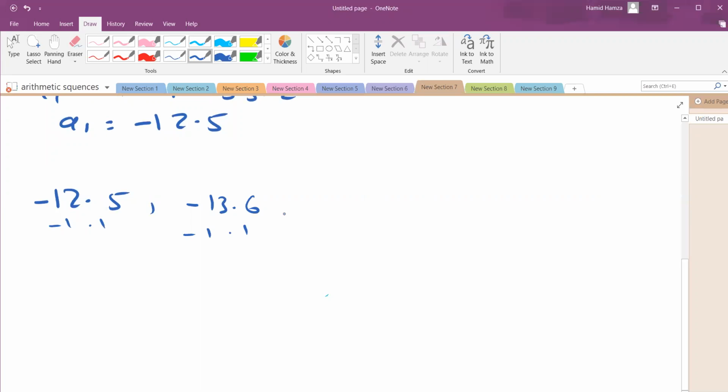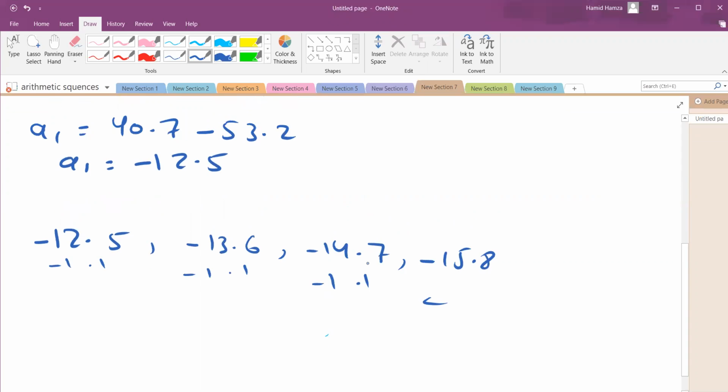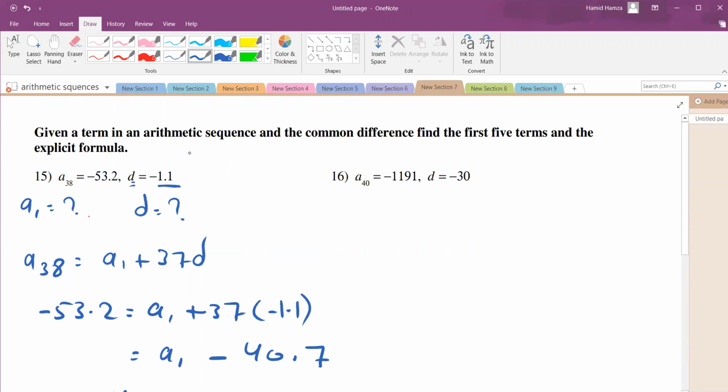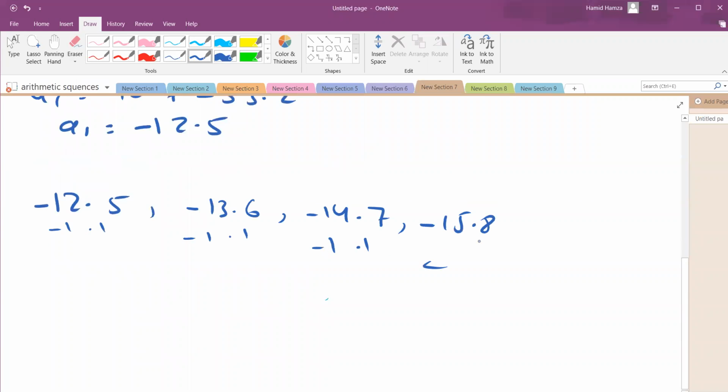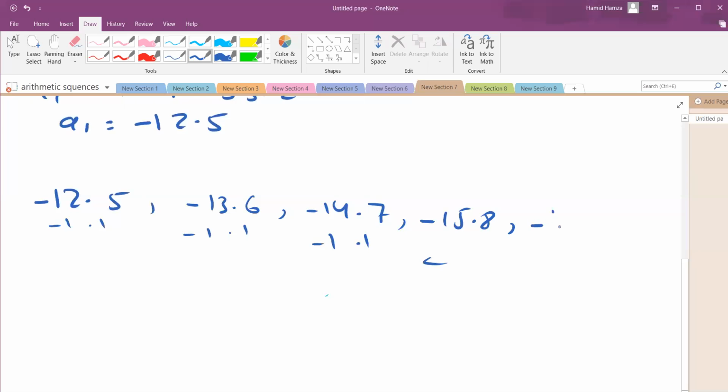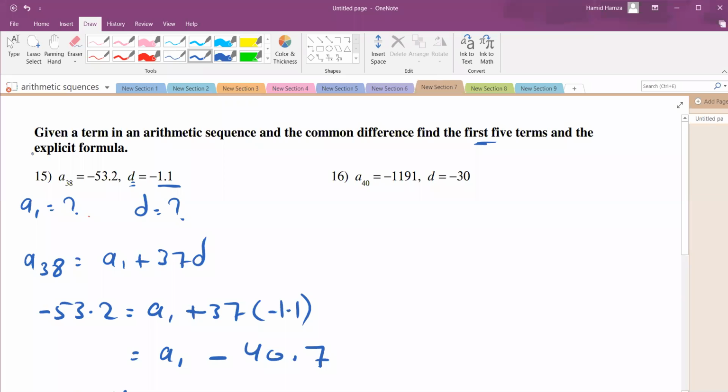Negative 1.1 will be negative 14.7. Negative 1.1. So it will be negative 15.8. This is the first four. Find the first 5, so we'll add one more. So it will be negative 16.9. So this is the first 5 terms of the sequence. And we wanted to write the explicit formula.